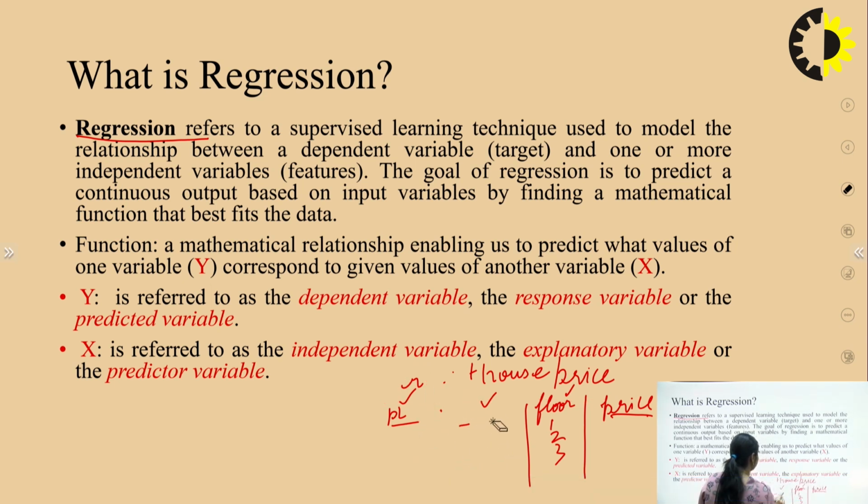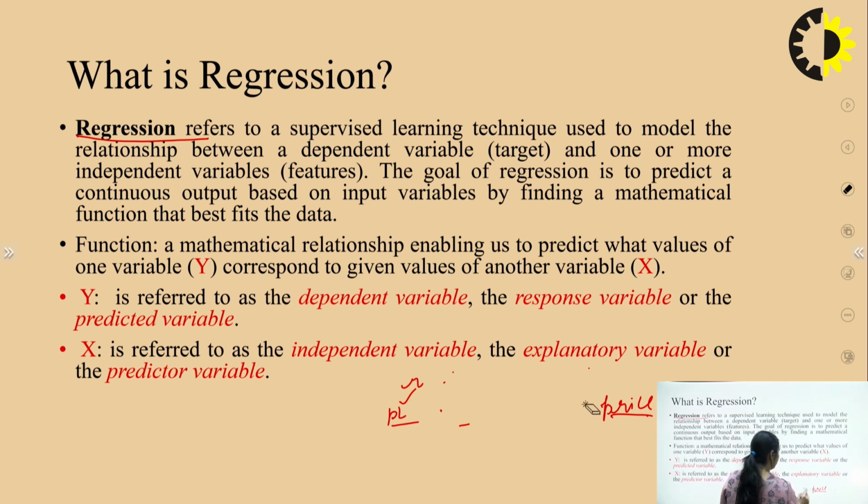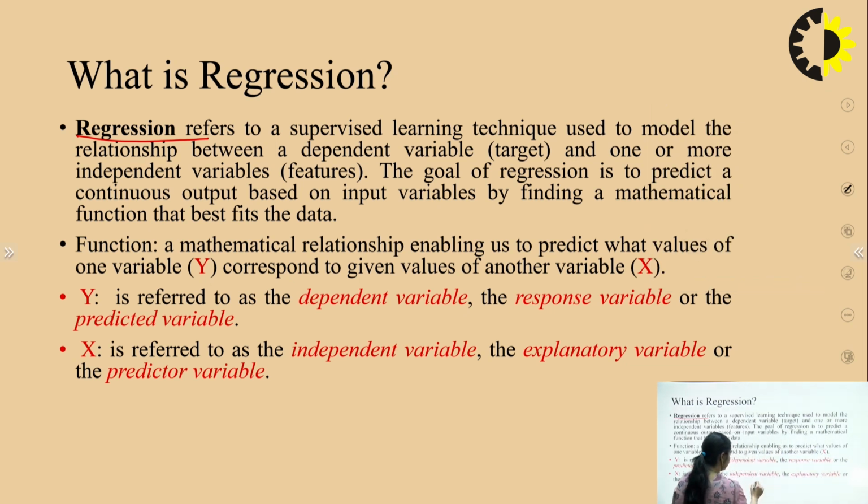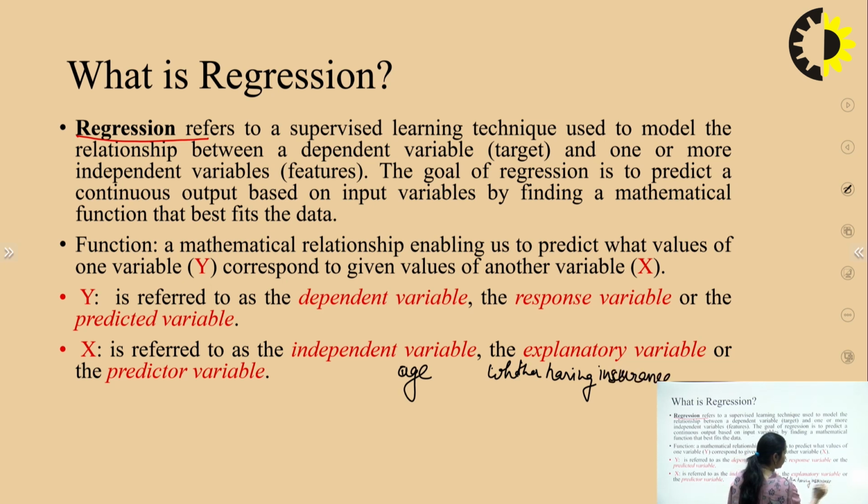suppose the certain age limit of the people is identifying whether that person is having an insurance policy or not. In that particular case, we can identify or predict whether the person, like I am saying a person has a particular age, whether he or she is having insurance or not, right?